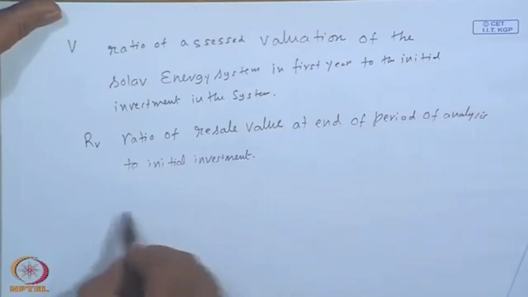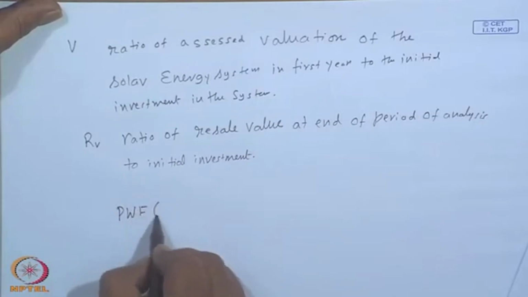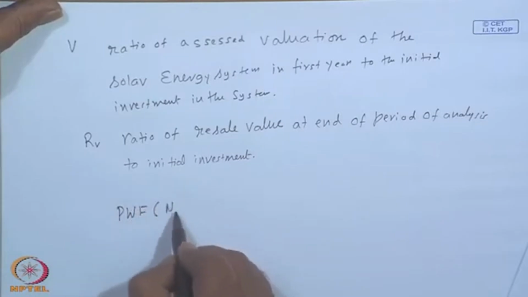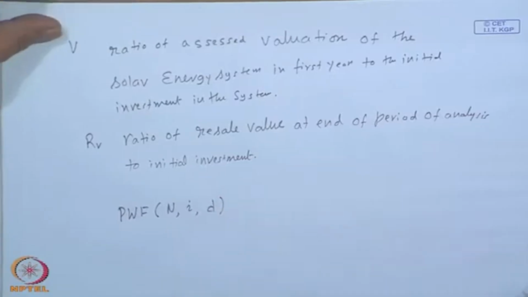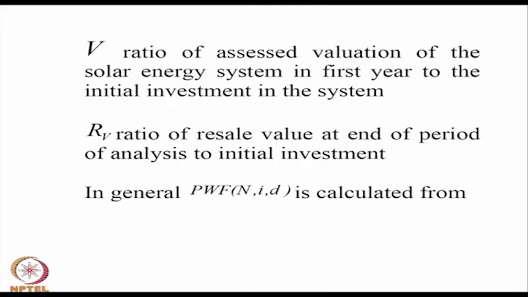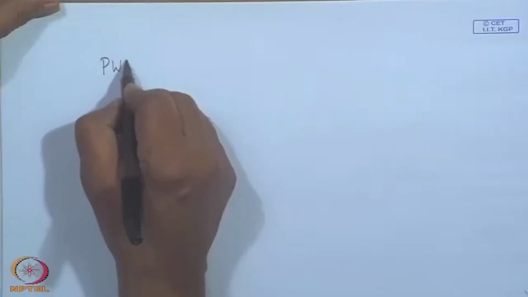Now, in general, present worth factor over a period n with inflation rate I and a depreciation rate D, right? It depends upon 3 parameters.